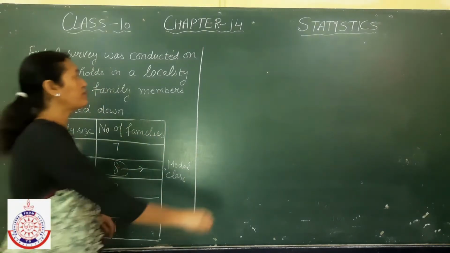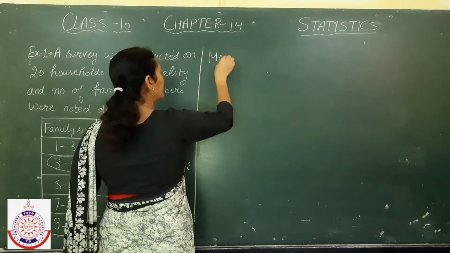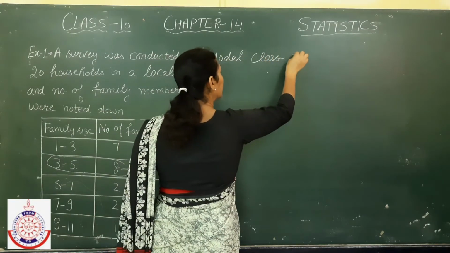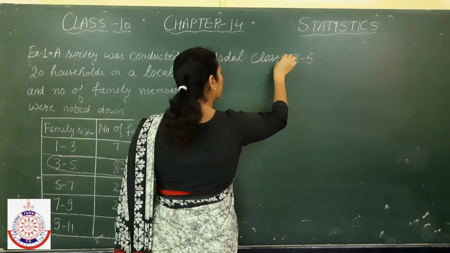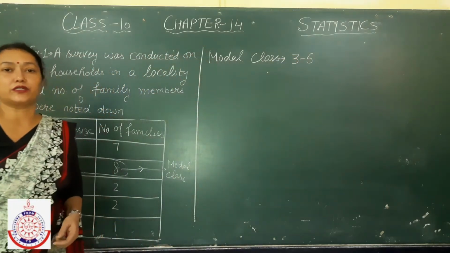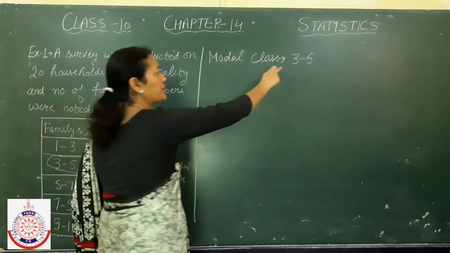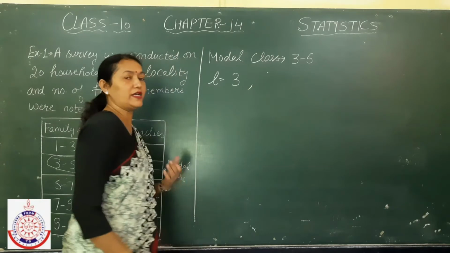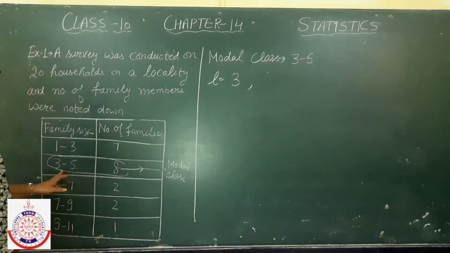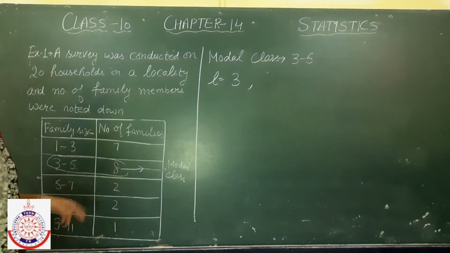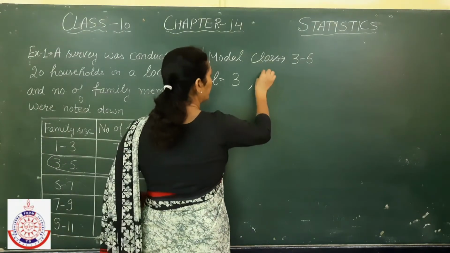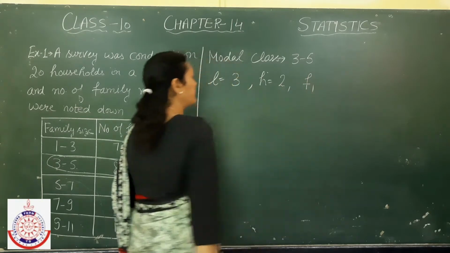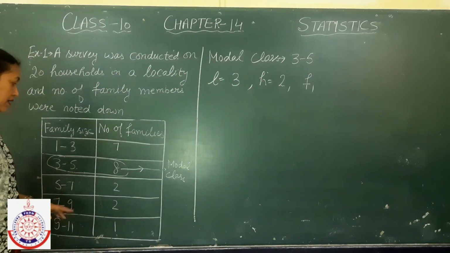After selection of the modal class, the lower limit of this class is 3. So the value of L will be 3. H means class size. What is the class size? 2. Class width is 2 here. F1, the frequency of this modal class, is 8.